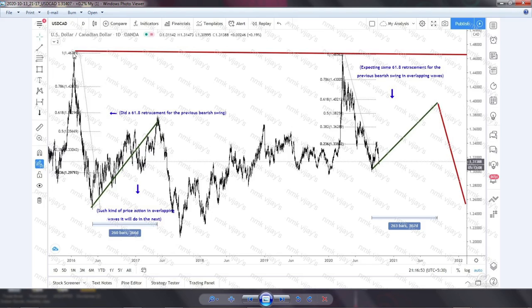See, this is one A, B and C completed. So this wave is a correction for this impulsive wave. It took nearly 260 bars here, exactly 1 year for the correction.